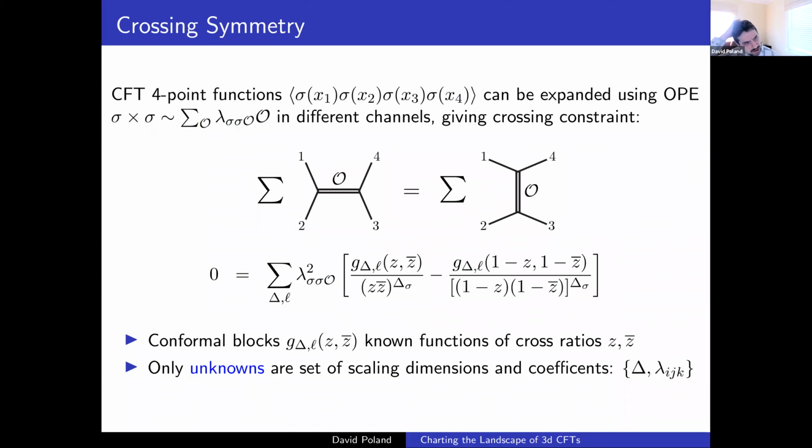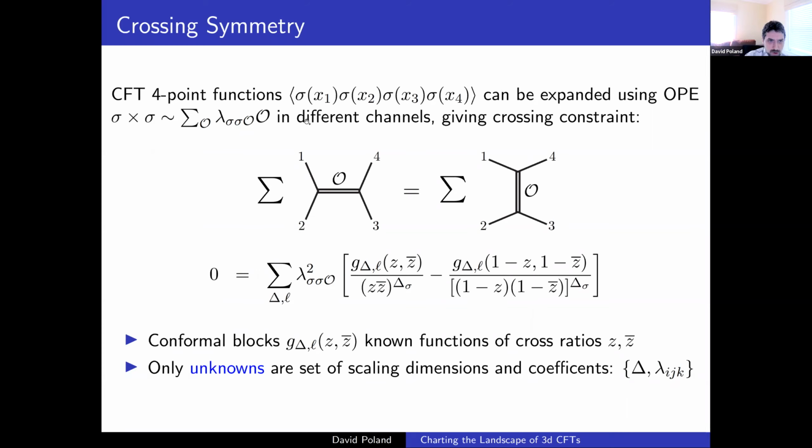One of the main constraints we use in the conformal Bootstrap is crossing symmetry. Let me just explain the simplest version of crossing symmetry. The idea is that you can look at a 4-point correlation function, sigma of x1, sigma of x2, sigma of x3, sigma of x4. In a conformal field theory, there's an operator product expansion, which can be convergent.